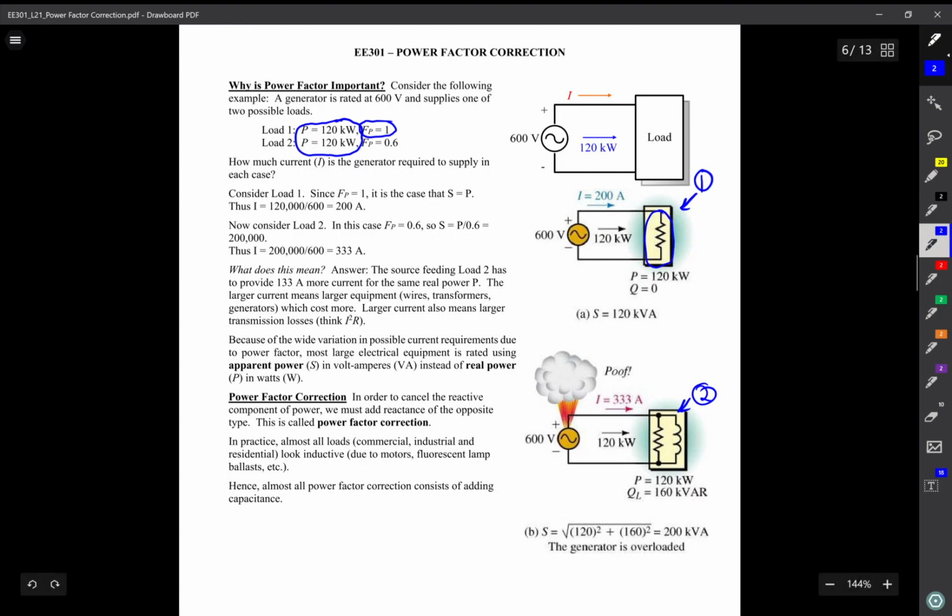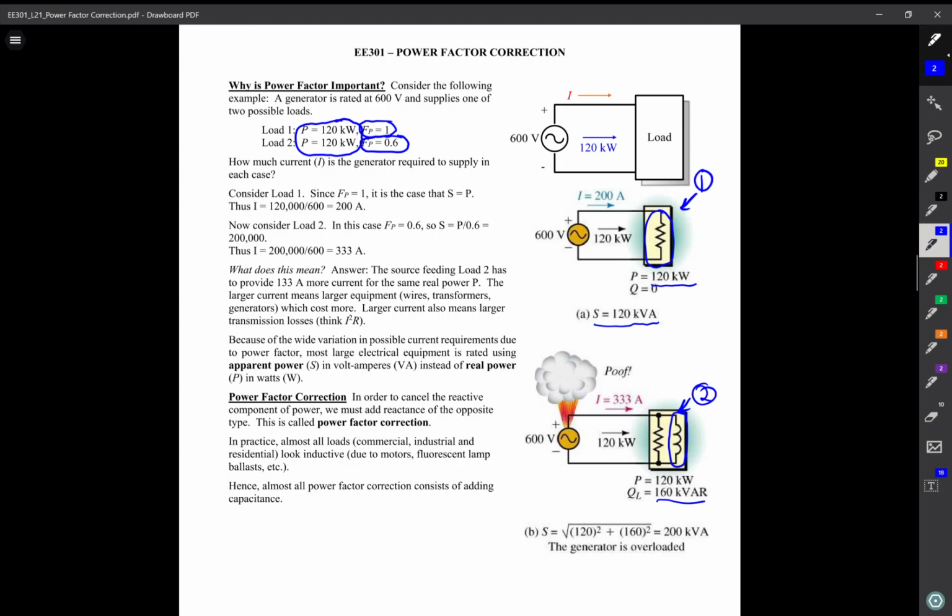It's a pure resistor. But load 2 has a power factor of 0.6. That would mean that it's a positive angle, which it is, so this inductor is part of my load. Notice here that in a unity power factor, my apparent power is equal to my real power, and that's 120 kilovolt amps.